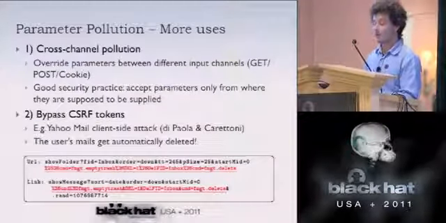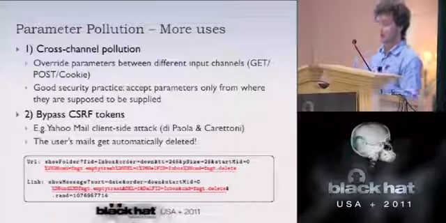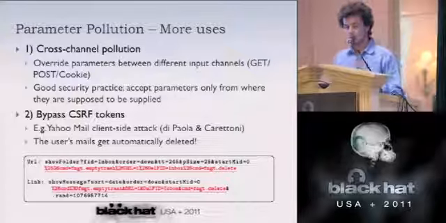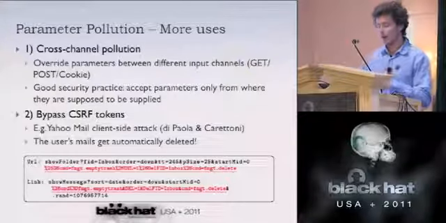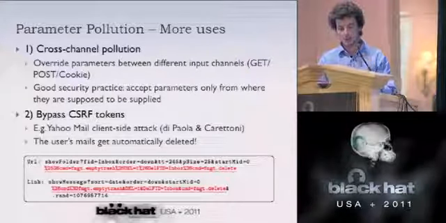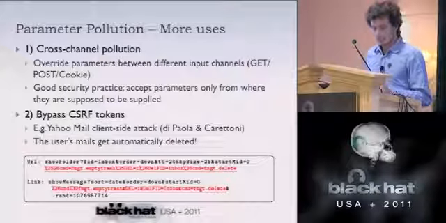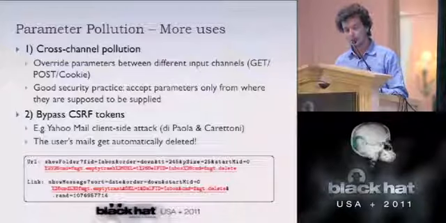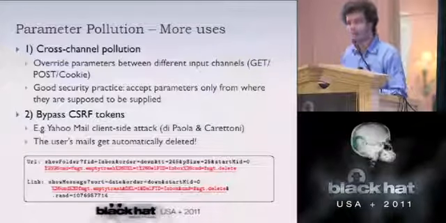Or even worse, you can inject a parameter in a get and override a value in a cookie. If you check out the white paper, there are some examples of how this technique works, and it's pretty interesting. The second use then is to bypass cross-site request forgery tokens.